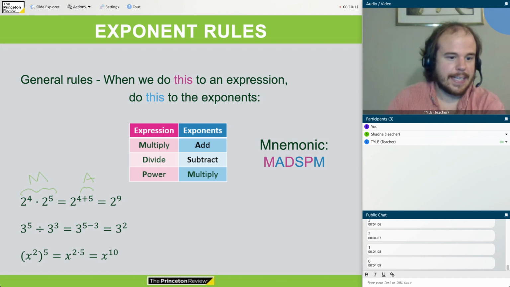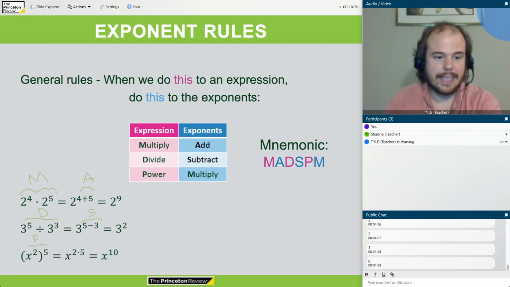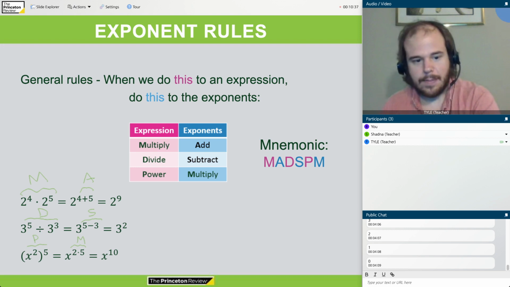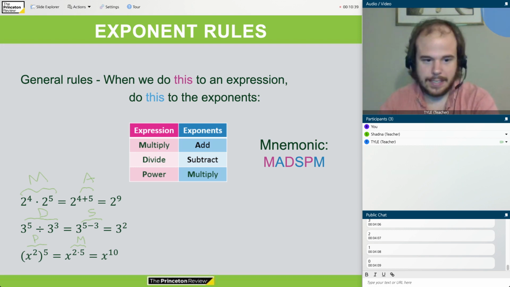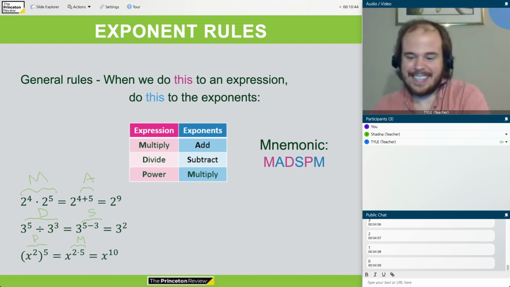In the second example, 3 to the 5th divided by 3 to the 3rd, we are dividing the two expressions, and so we subtract the exponents. And in the final example, we're taking an expression that involves an exponent and raising it to a power. And so in that case, we multiply the exponent times the power that we're raising it to. All right, so those are the exponent rules.